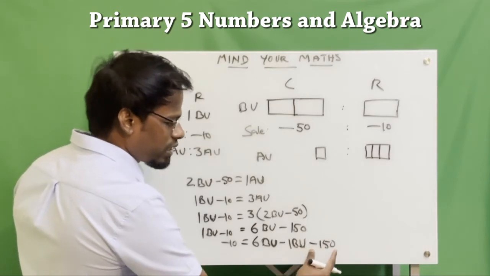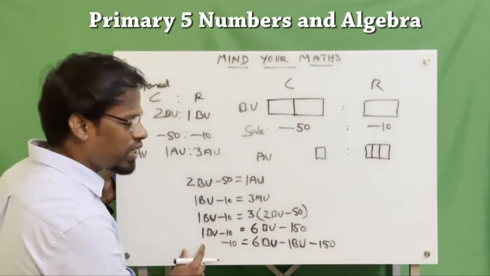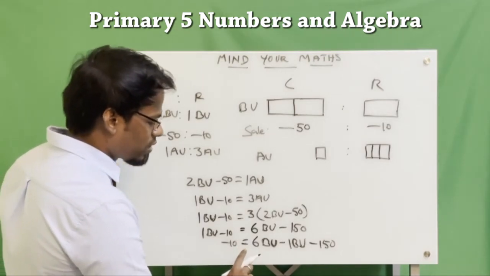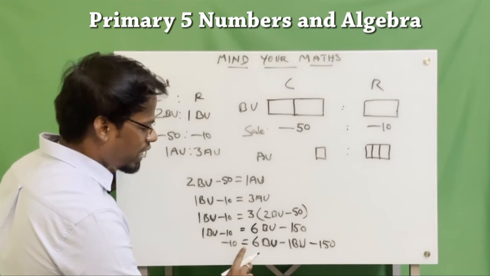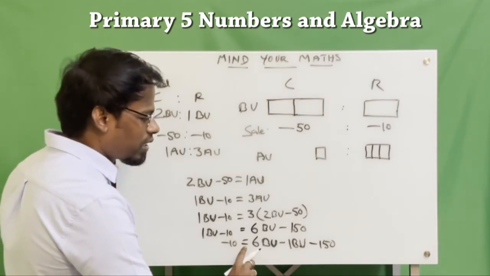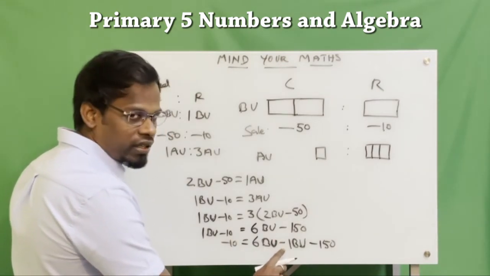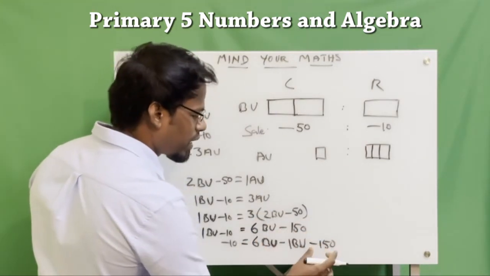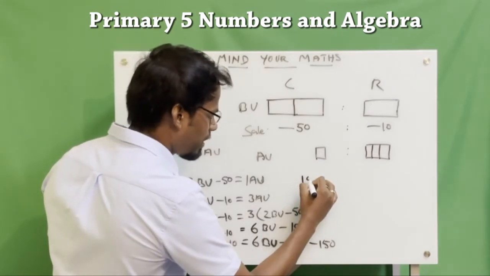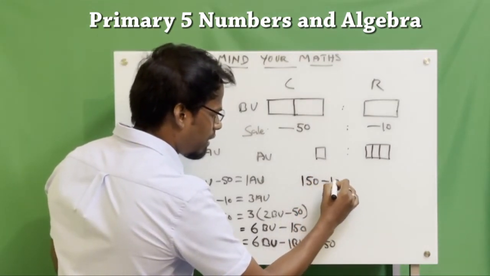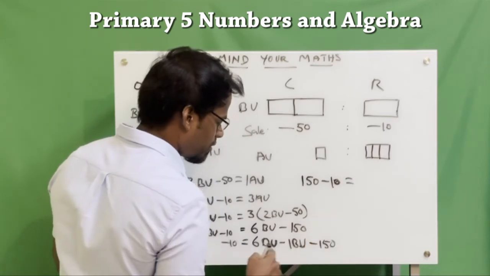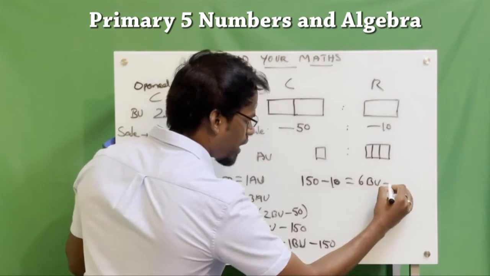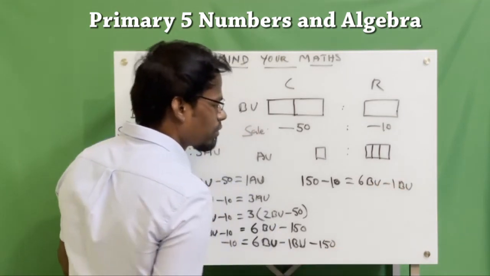Now this is negative, and when we move it to this side it becomes positive, because when a value moves across the equal sign, the sign changes. So 150 minus 10 equals 6BU minus 1BU.